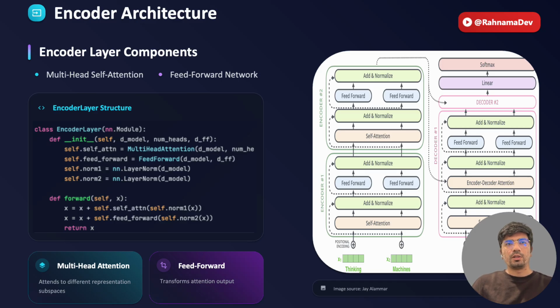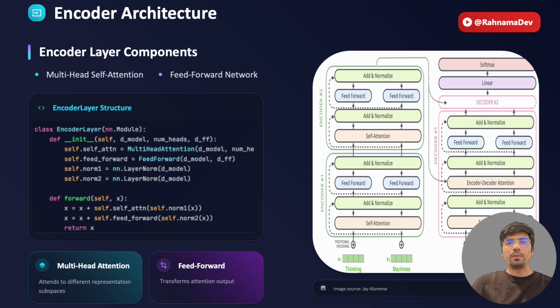Notice in the code, in the forward function, we have x = x + self.attention and x = x + self.feed_forward. The x plus part is a residual connection.